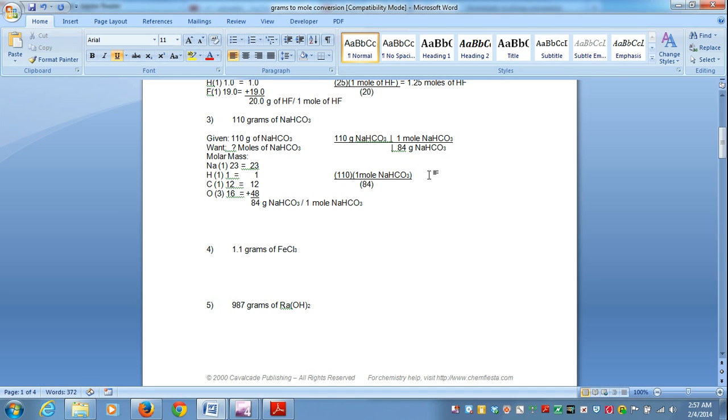So our answer is 110 times 1 divided by 84, which gives me 1.3095, which we're going to round to 1.31 moles of sodium bicarbonate. Okay, and there you go. And that's how you figure out question number 3.